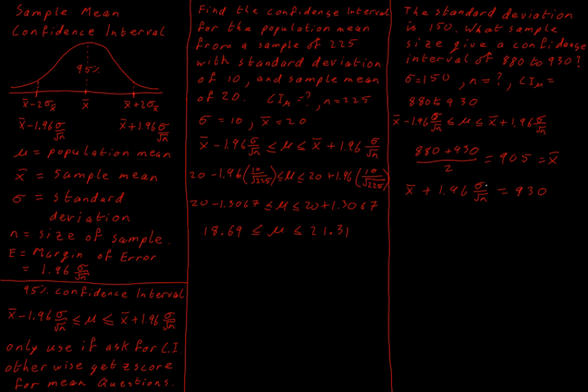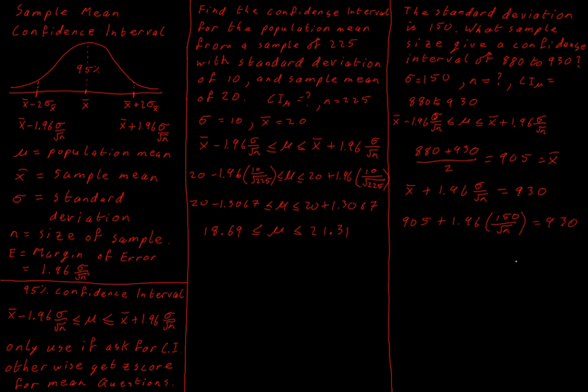And I know what x bar is, and I know what sigma is, and then that's going to leave you an equation that only involves n. So x bar I just worked out is 905 plus 1.96, and sigma is 150 all over what I'm looking for, which is root n, and I know that that's all equal to 930.